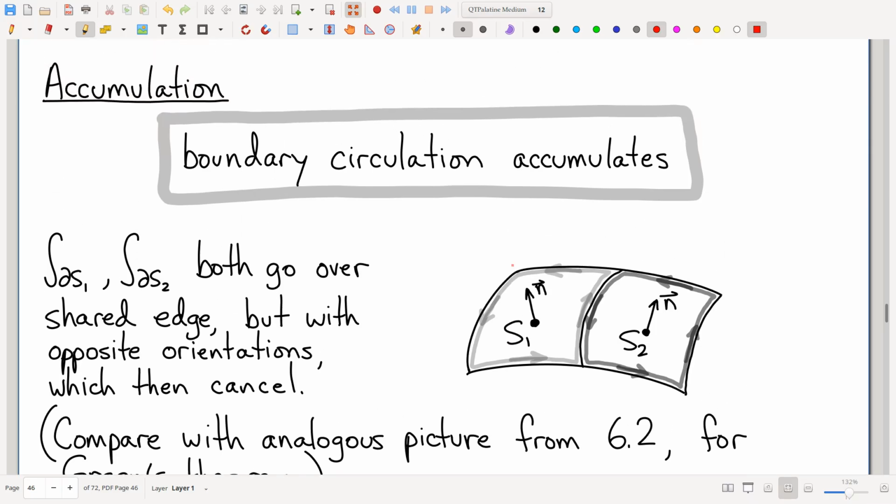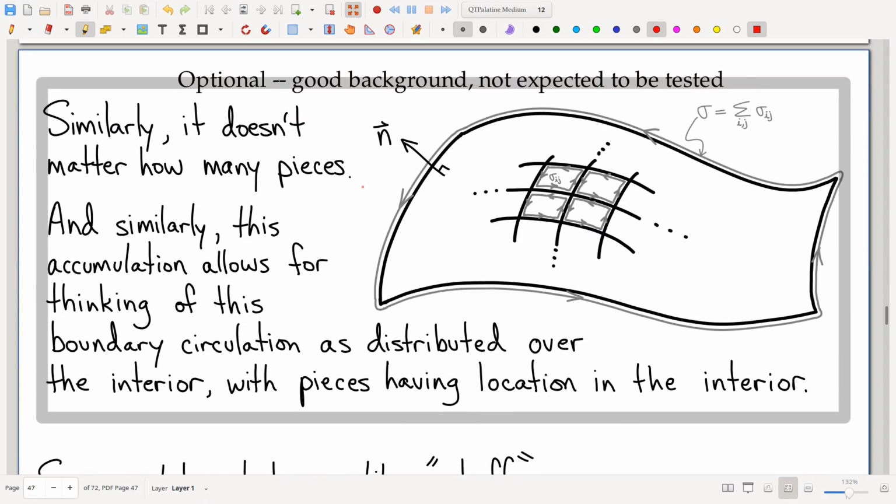Well, isn't this awesome? We have an accumulating quantity. We also know from chapter 6, whenever you have an accumulating quantity, we have a strategy that's highly successful in context over context, which is you can interpret that as a kind of stuff, that stuff is distributed over the interior, and that there's an associated density. And, no change here.